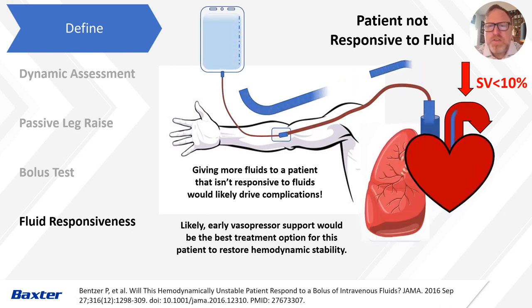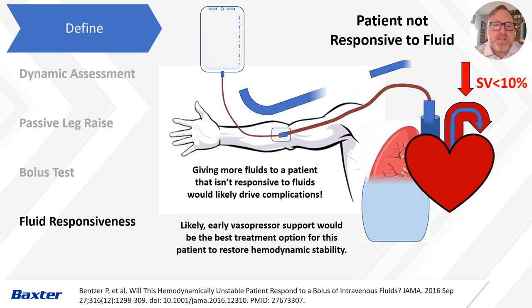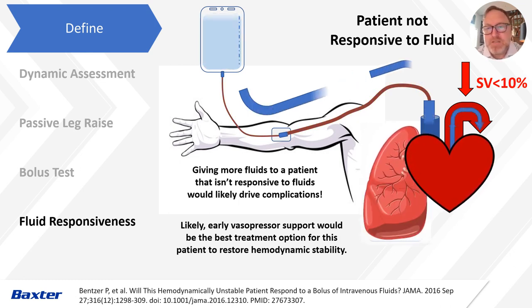We need to check if our patients are fluid responsive before we ever give any fluid at all, and this will give us greater success with the outcomes of our patients. If the patient's not fluid responsive, early vasopressor support would likely be the best treatment option to restore hemodynamic stability. All right, I agree with that.